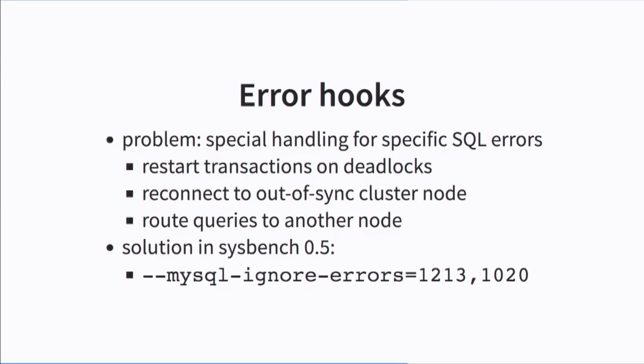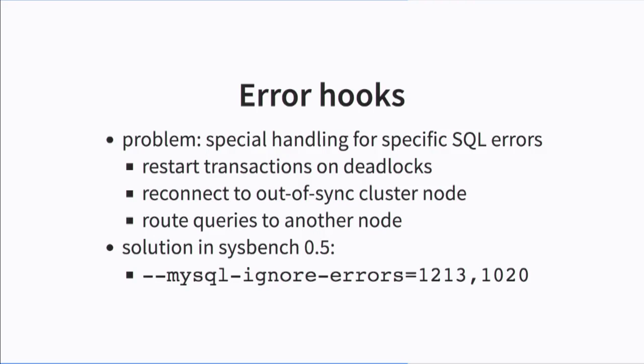Error hooks. By default, when sysbench receives an error from the server, it terminates the benchmark. It provides some special handling for certain kinds of errors. For example, if it receives a deadlock error, which is inevitable in OLTP benchmarks, it just ignores it and restarts the transaction.